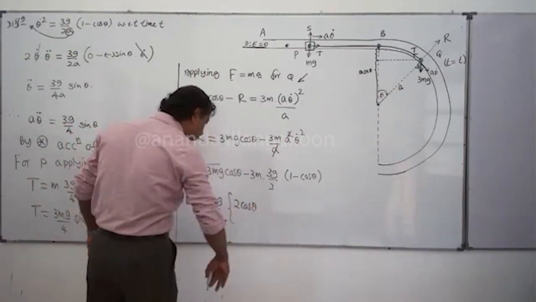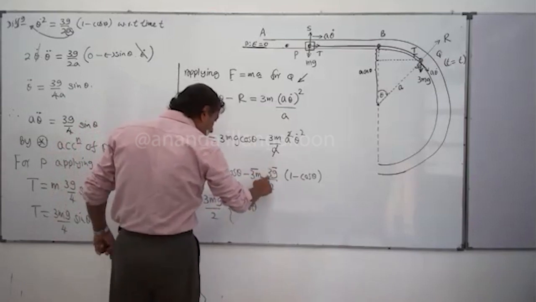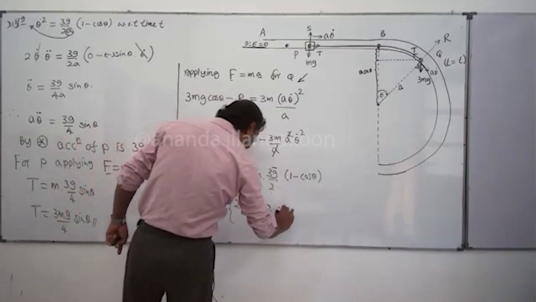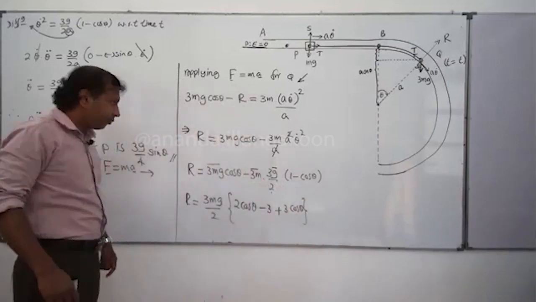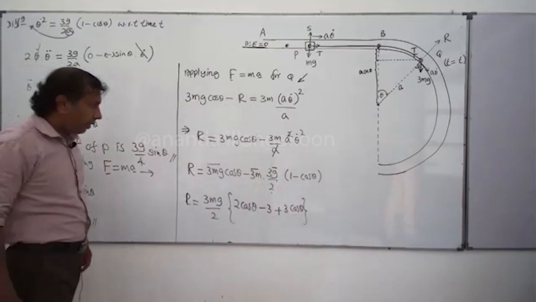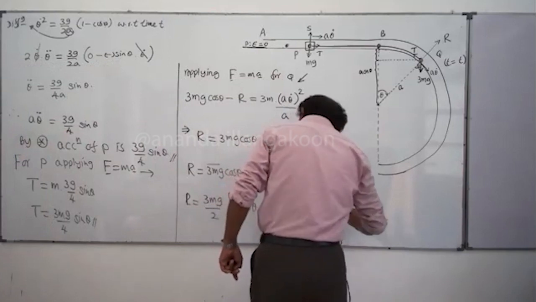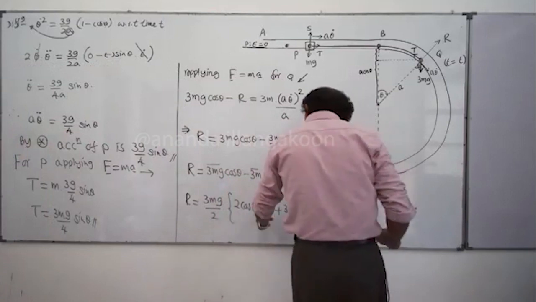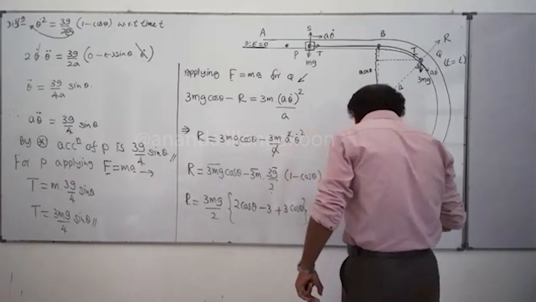Then we have 3 minus 3, and by the minus 3 you have to remove the bracket: minus 3, minus minus gives plus 3 cos theta. Then we get R equals 3mg by 2 times (2 cos theta plus 3 cos theta minus 3), which is 3mg by 2 times (5 cos theta minus 3).